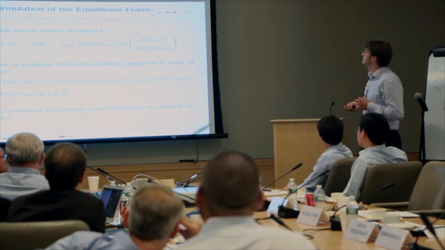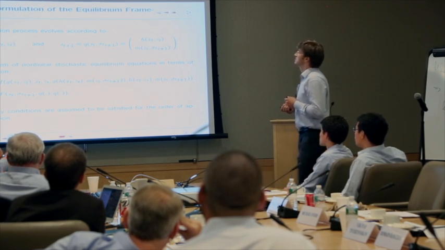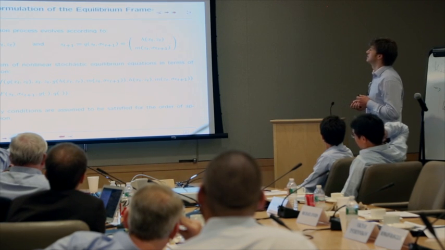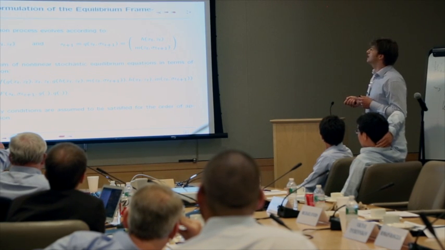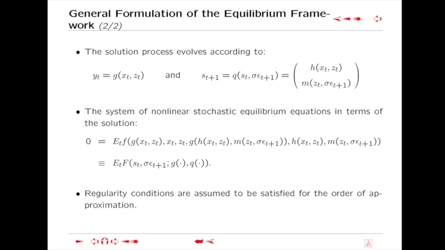Why don't the y's depend on epsilon? The y's are endogenous non-predetermined variables, and they depend also on sigma. Yes, of course, but no, wait a second. Let's discuss this later on.